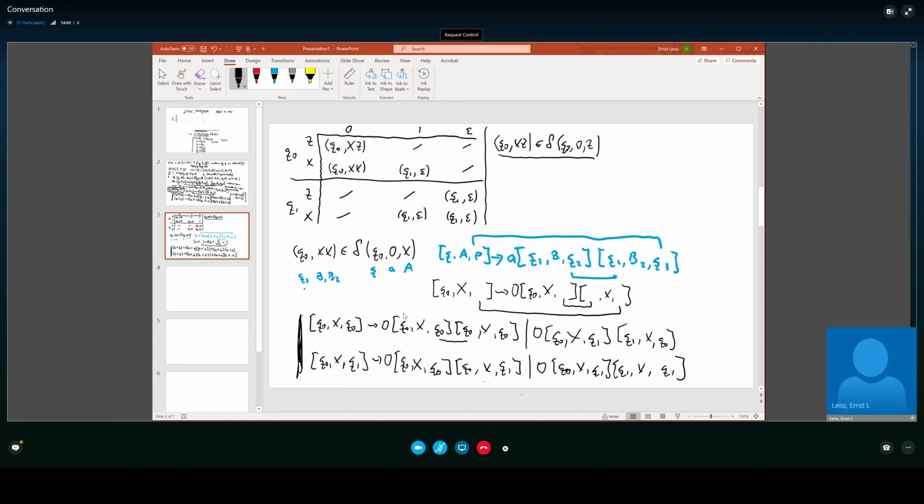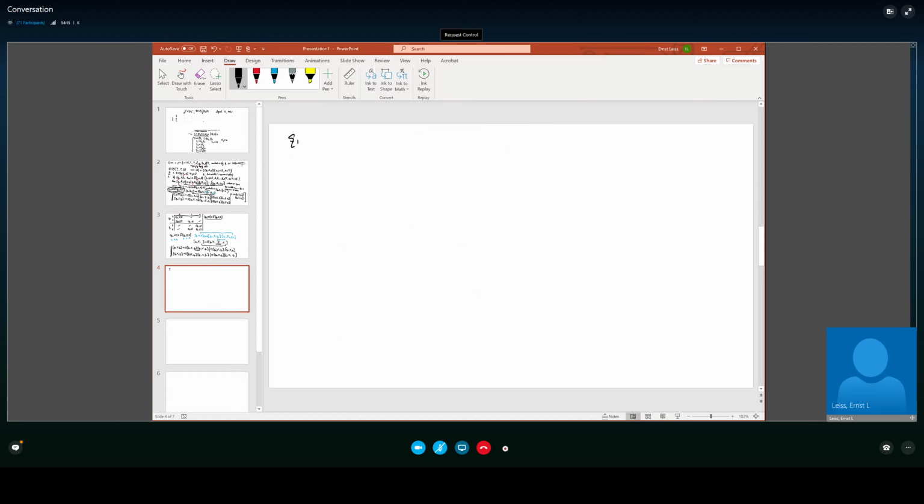Okay, and then we look at this. So we have Q0, Q1 epsilon is in the move function of Q0 and 1 and X. So this is that.